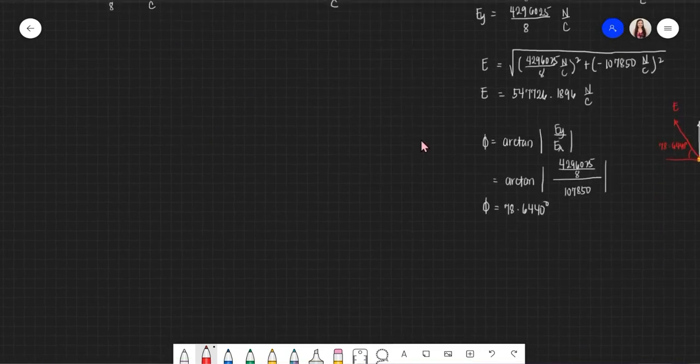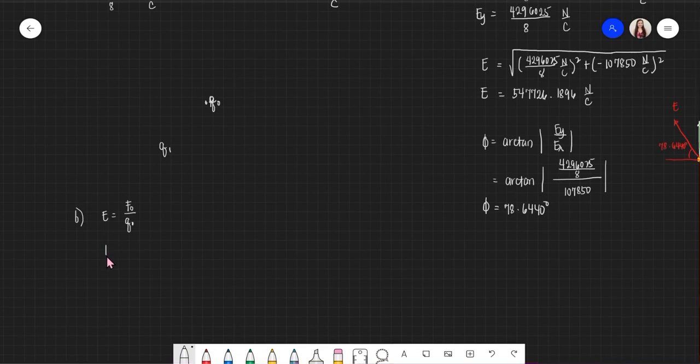So we recall that E is equal to F sub O over Q sub O. So if we place a charge Q sub O at point P, how much force does it experience?